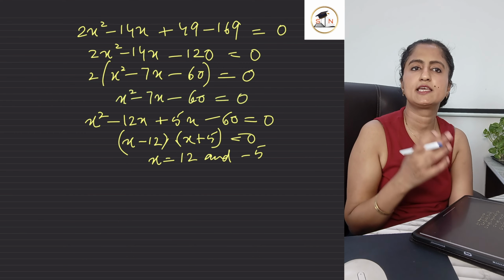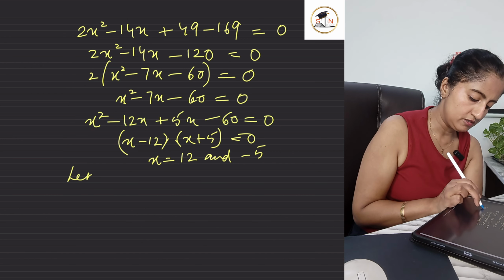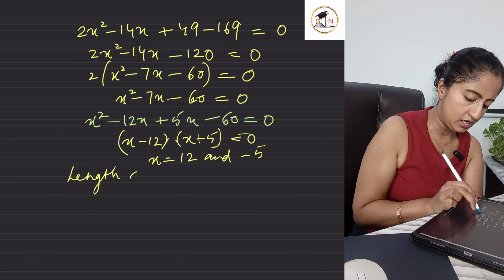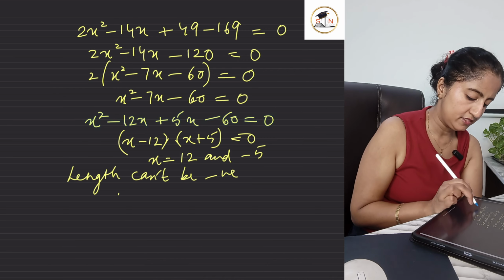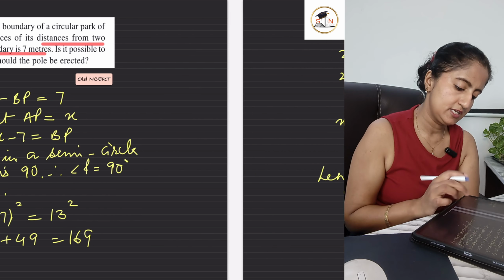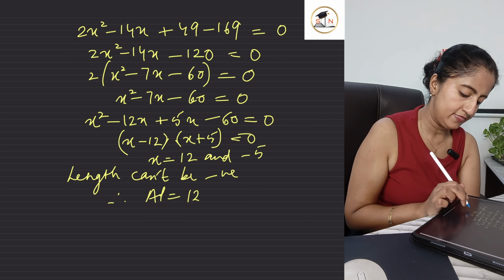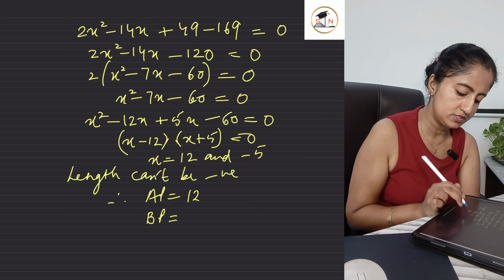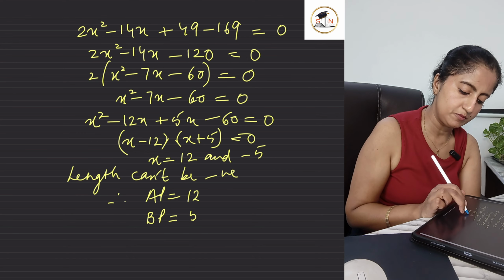Now what was x? x was the side length. Length can't be negative, right? Therefore we had started with AP to be x, so AP equals 12 and then BP was x minus 7, so it comes out to be 5.